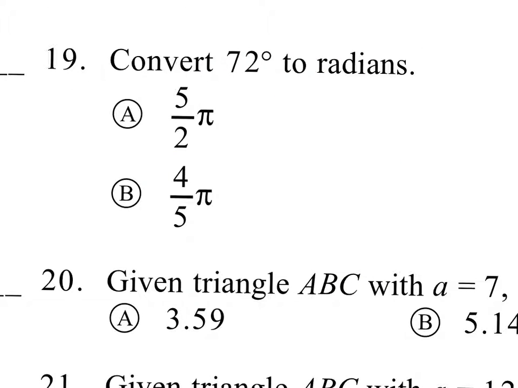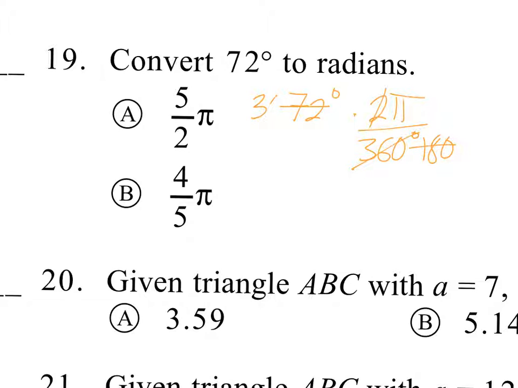Convert 72 degrees to radians. Just like we did before, we've got 72 degrees. We're going to multiply that by 2 pi radians in a whole circle, divided by 360 degrees in a whole circle. I might do some reducing here. So we've got 1 over 180. I know both these can be divisible by 2.